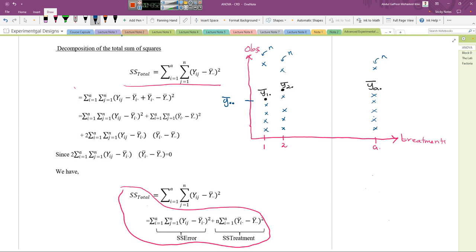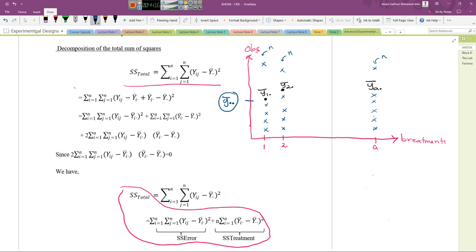Now in order to find the total sum of squares, from all the data points I have to subtract this value and then square. Why? Because if it is greater it will be positive, if it is lesser it will be negative, but I always want positive, so that's why I am going to square it.